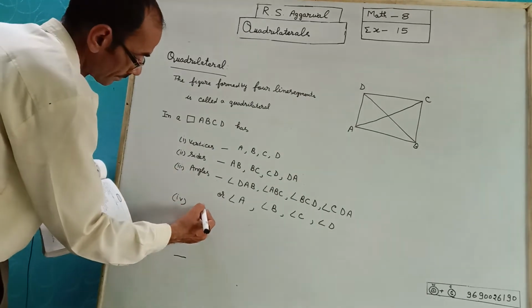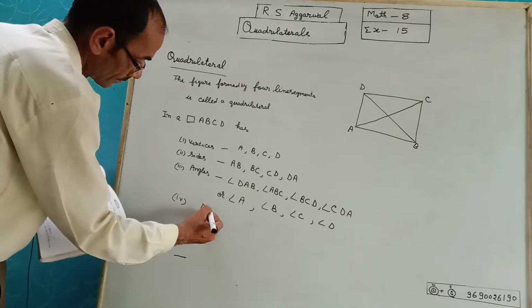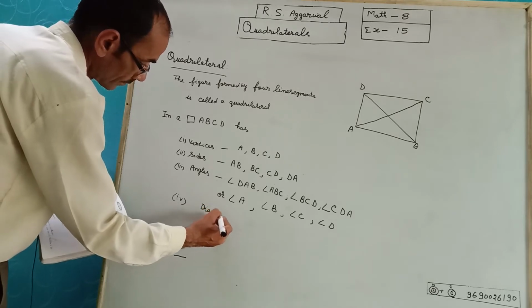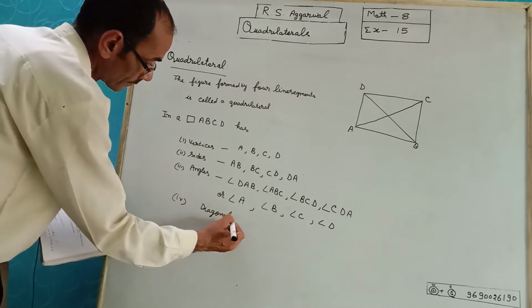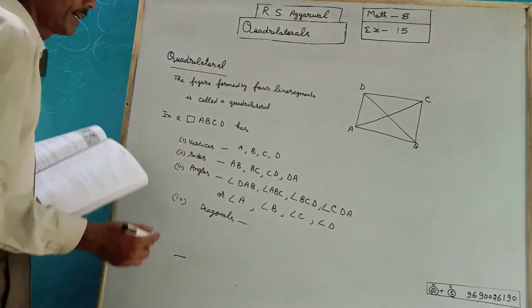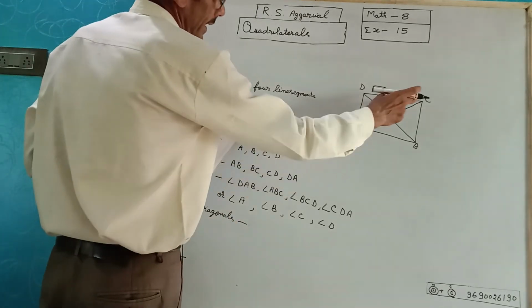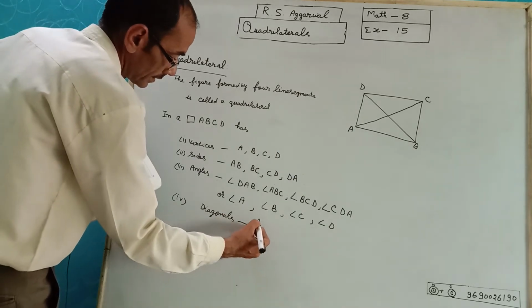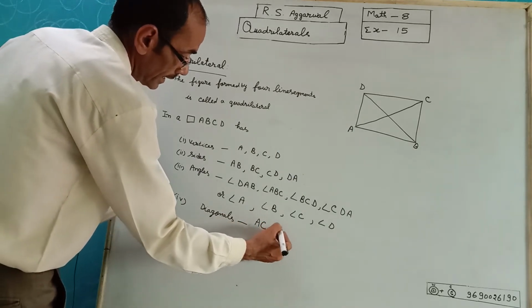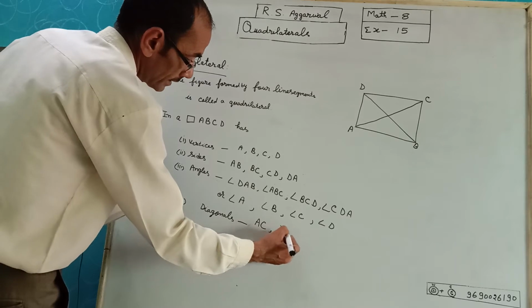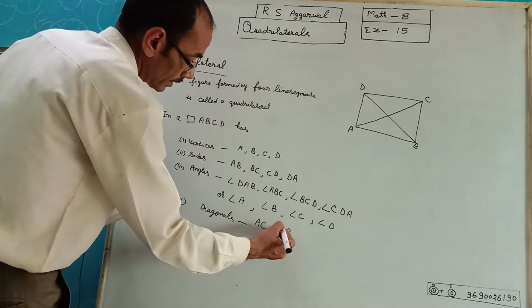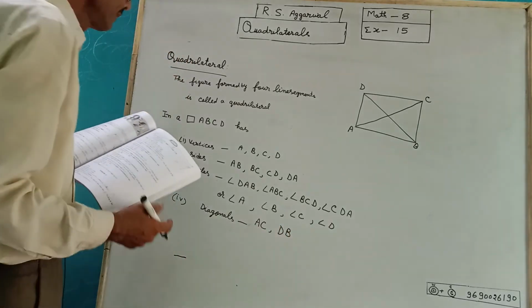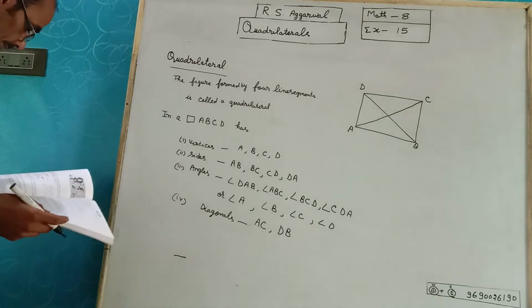The diagonals are AC and DB. AC and DB are the two diagonals of a quadrilateral.